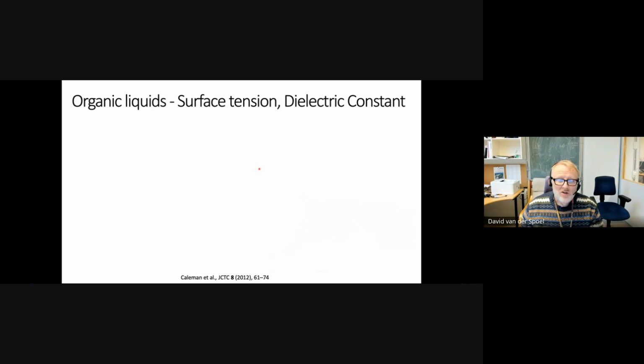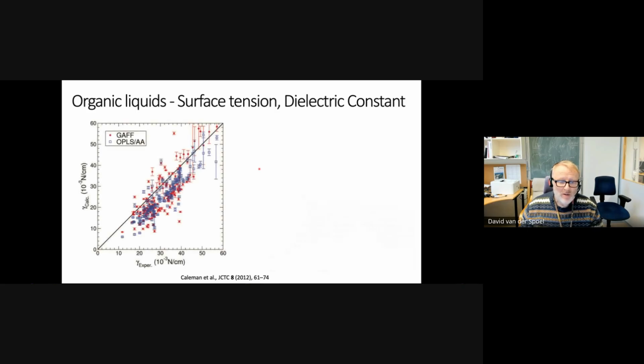So let's look at some more details. Here's an old paper where actually Luciana was also one of the co-authors, where we looked at 150 organic liquids and looked at their properties. Here we have the surface tension from experiment, and on the y-axis calculated using either of two force fields, GAFF or OPLS-AA.